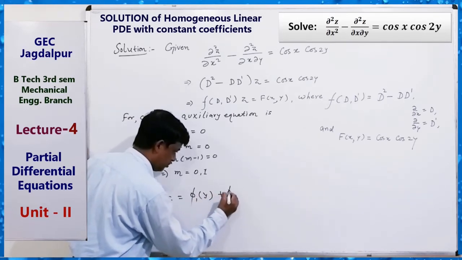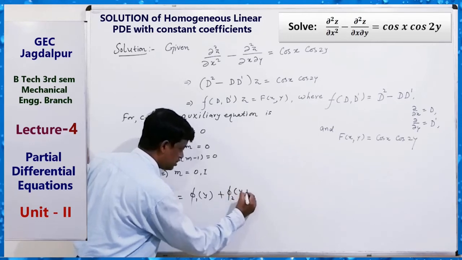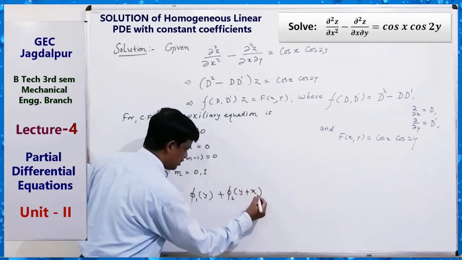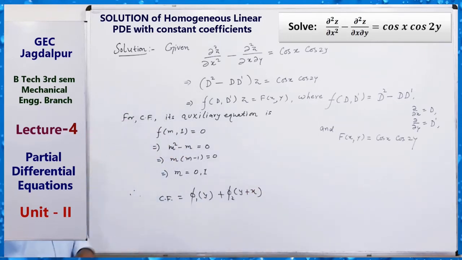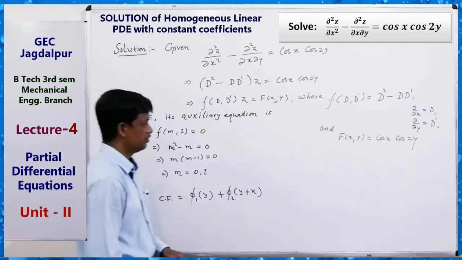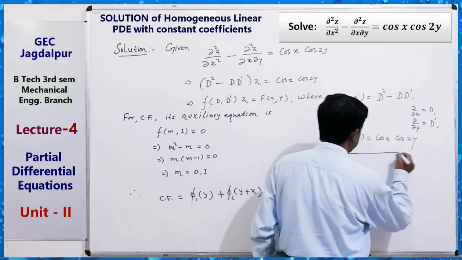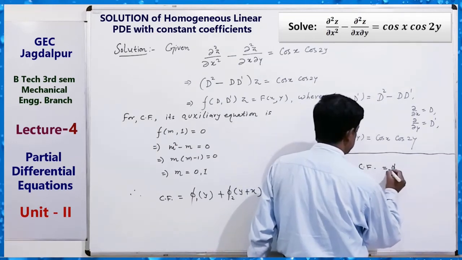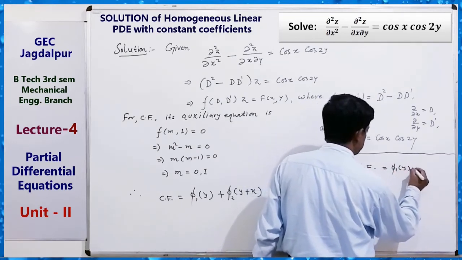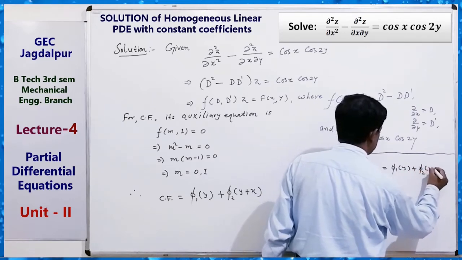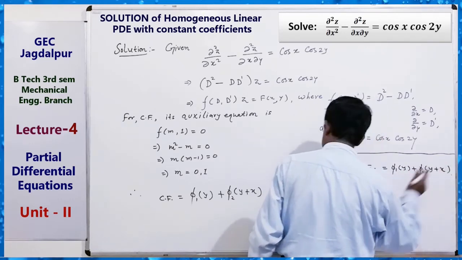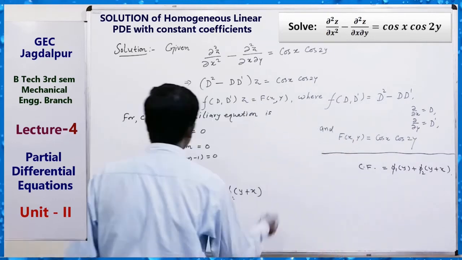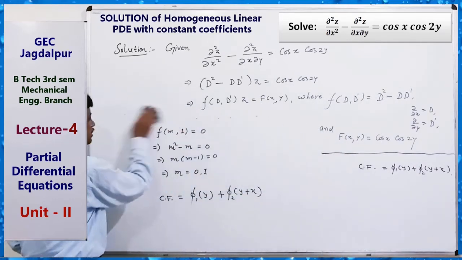Plus the second function of y plus m2 x, meaning 1 x. This is the complementary function. Clear? So CF equals phi 1 of y plus phi 2 of y plus x. Clear? Now we have to find what?